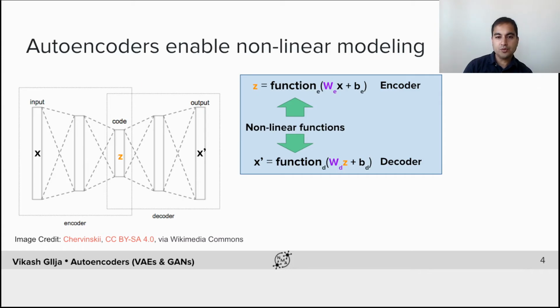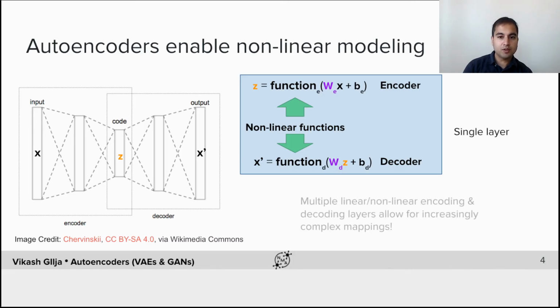And we can choose this function to allow for more complex mappings from z to x. Now, this is a single layer example. We can have multiple linear and nonlinear encoding and decoding layers. And by adding additional layers, we can allow for increasingly complex versions of f and the inverse of f.